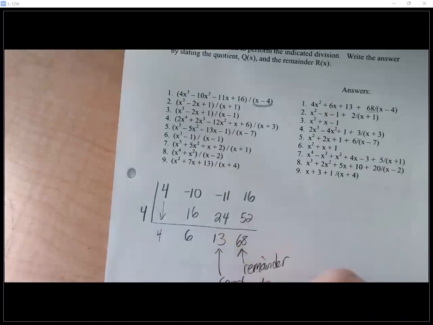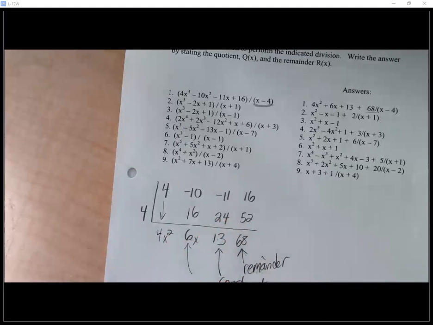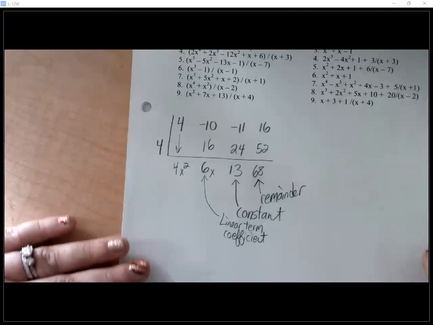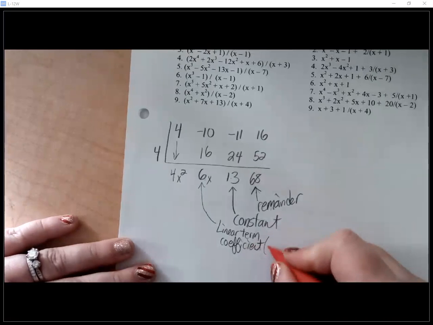Okay, cool. The next number is your constant. And then this is my linear coefficient, or whatever comes in front of the x. And then I just go up by degrees. This would be x, this would be x squared. If I had more, I would just keep going up. Its official term is linear term coefficient, what goes in front of x.